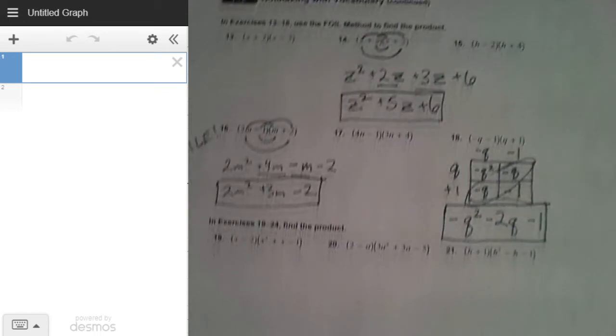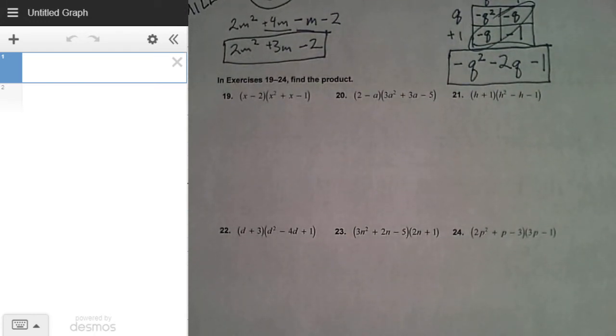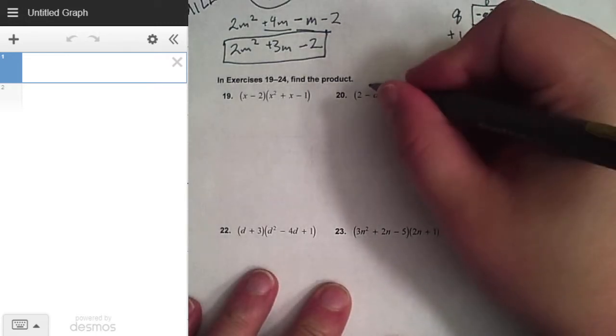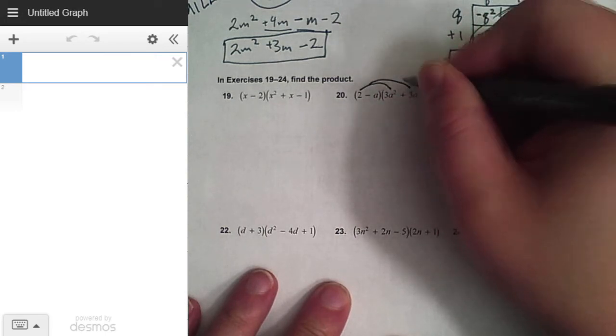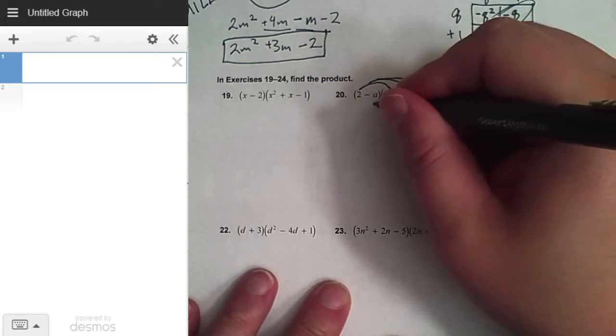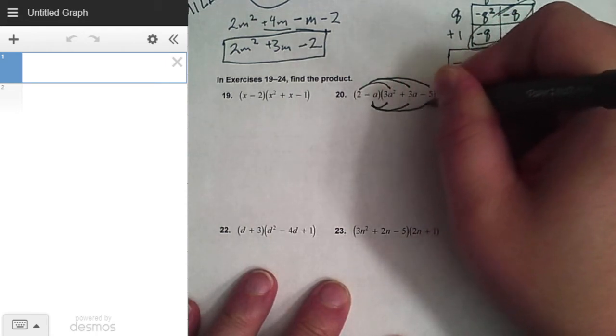Now we're looking at 20, 22, and 24. So this is just an extension of what we've been doing with the binomials. It's a binomial times a trinomial. So we can use the same methods here. We can do this distributive method where we take the 2 times the 3a squared, the 3a, and the 5, and this negative a times the a squared, the 3a, and the 5.